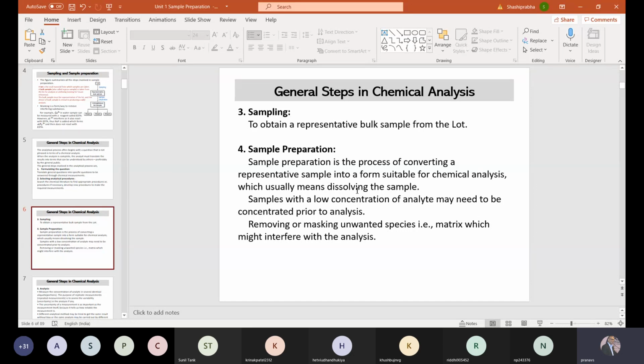That means removing unwanted components and at the same time pre-concentrating, or increasing the concentration of those analytes, so that they can be readily analyzed by your analytical technique.